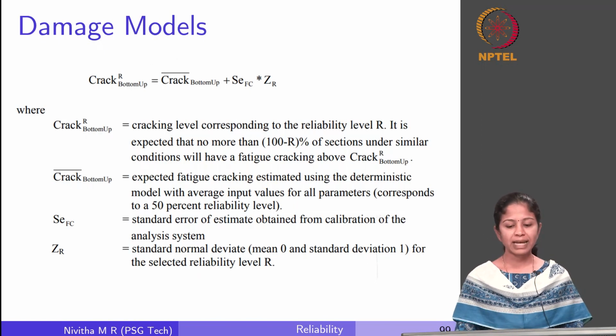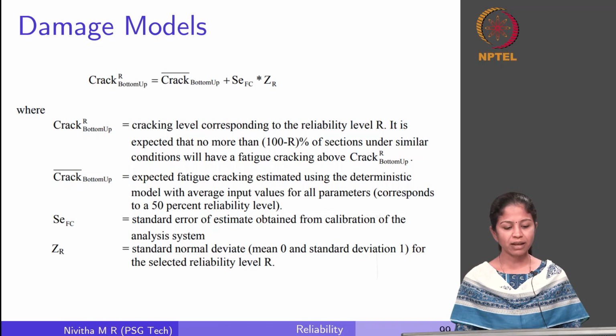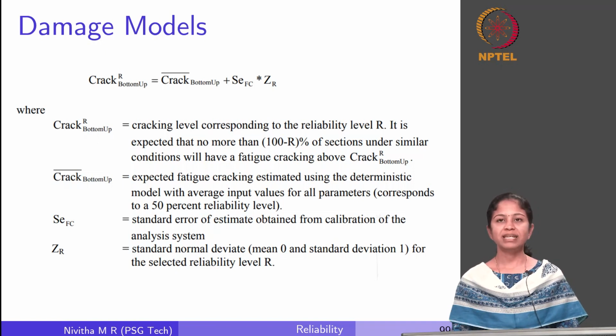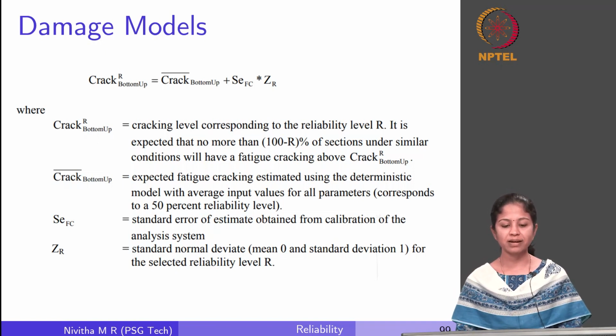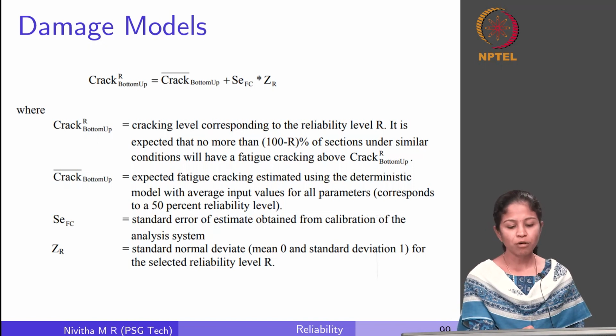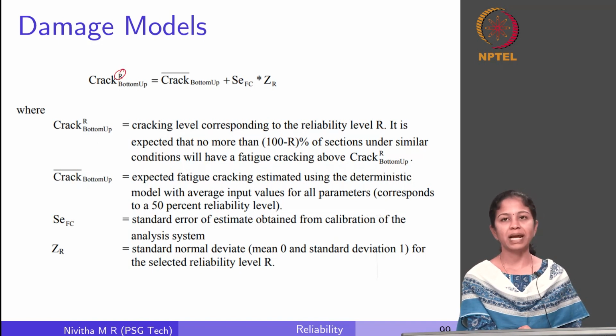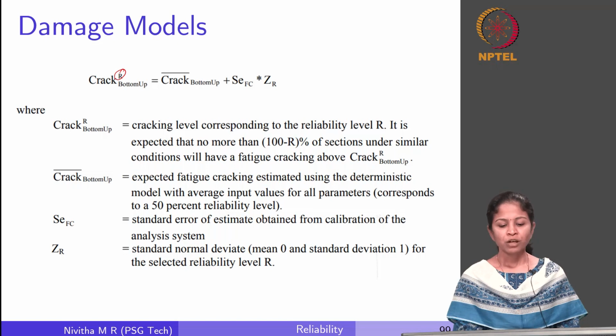The same case is explained for fatigue cracking also, you can see here. Now let us see how it is translated into the terminologies which are used here. This term on the left hand side is cracking at a given reliability R, the bottom up cracking at a reliability level R. Let me read out how it is defined.